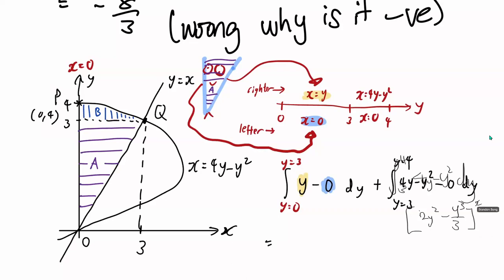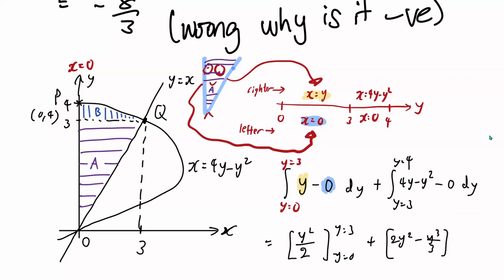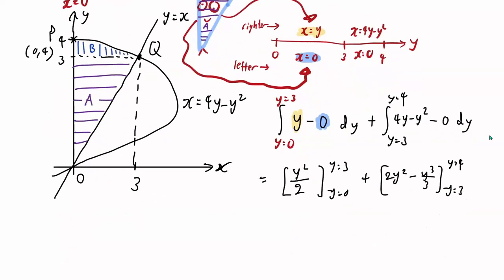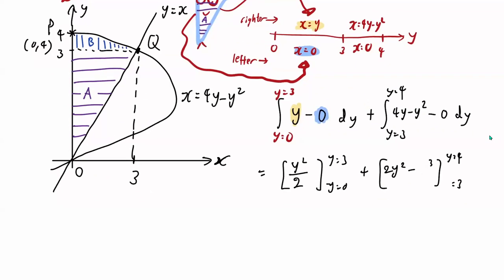Okay, then just calculate. y squared over 2 from 0 to 3, plus integrate this, 2y squared minus y cubed over 3, from y equals 3 to y equals 4. Sorry, handwriting. Let me write it neatly.